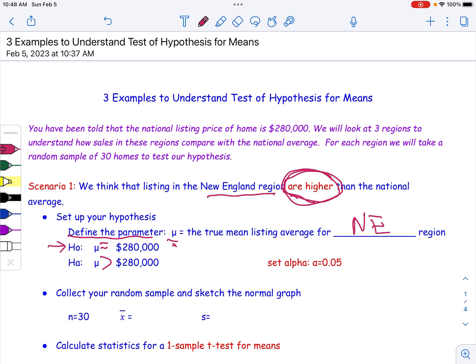When we do a test of hypothesis, we must determine ahead of time what we want to set our alpha. This is how much error we're willing to accept for making a mistake with our conclusions. So we collect our information. We're going to do a random sample of 30 listings.